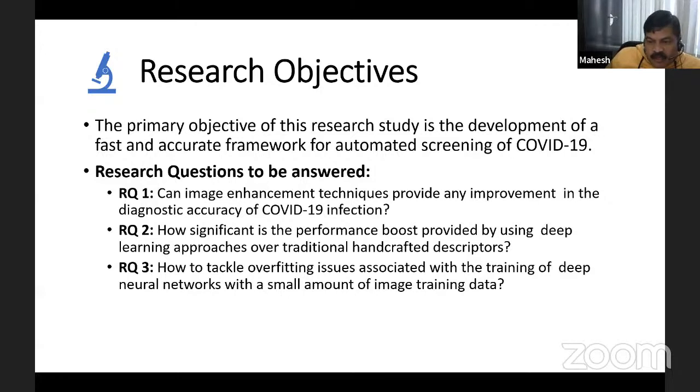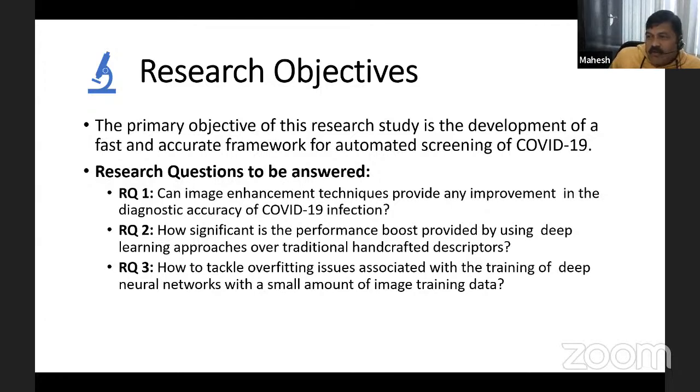And for deep learning, there is an overfitting problem, because if we give the same fixed images, like we have 100 images from one hospital, from your city, 100 CT images. Out of that, you use 80 images for training, and from the same set, if you use some for testing, you may get a good accuracy.